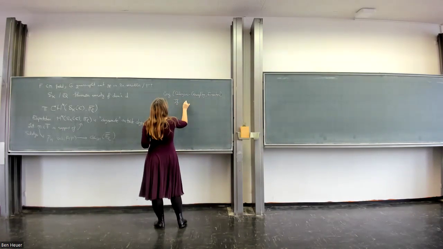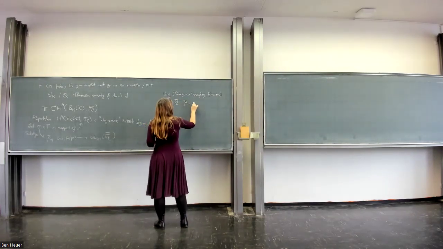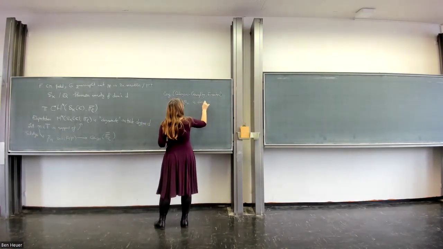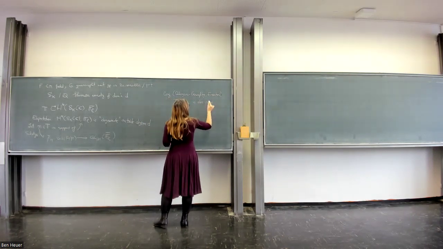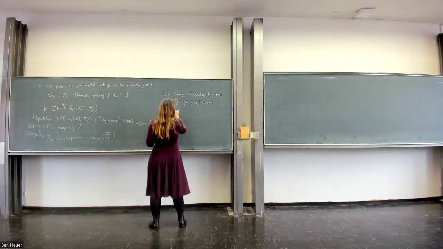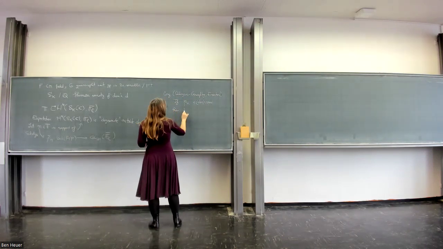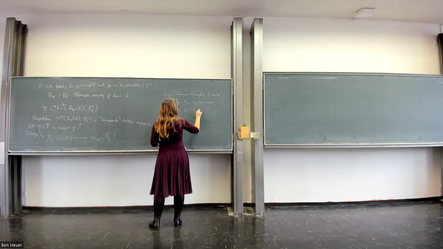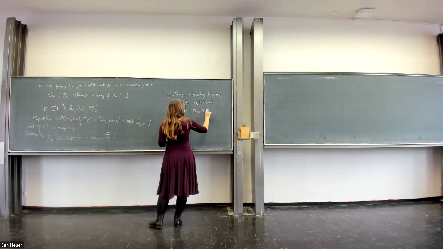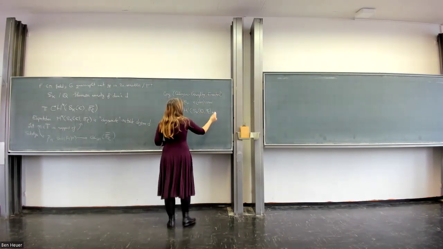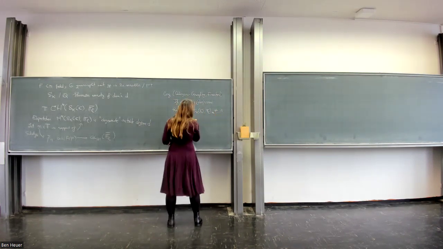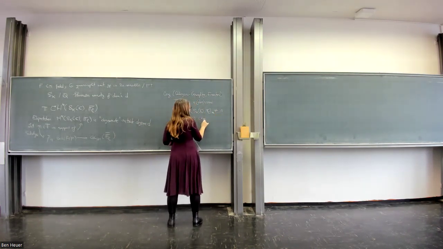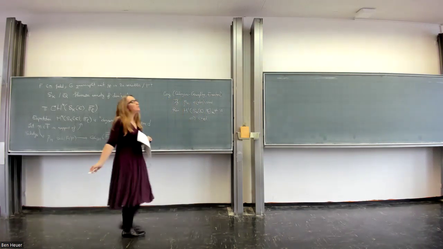If rho_M bar is absolutely irreducible, then H^i of this with mod L coefficients localized at M is only non-zero if i is equal to the middle degree D. Okay, so this is one conjecture.